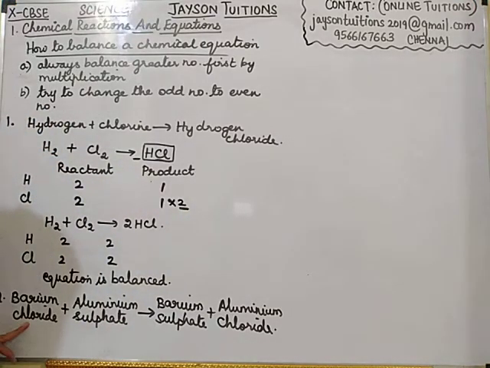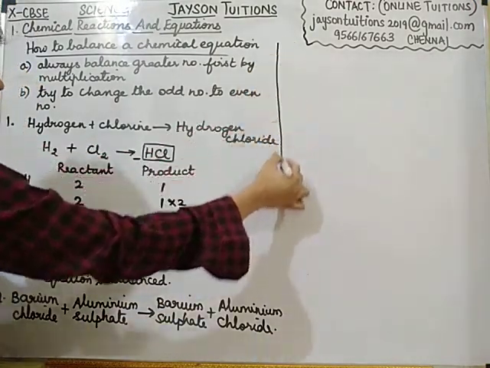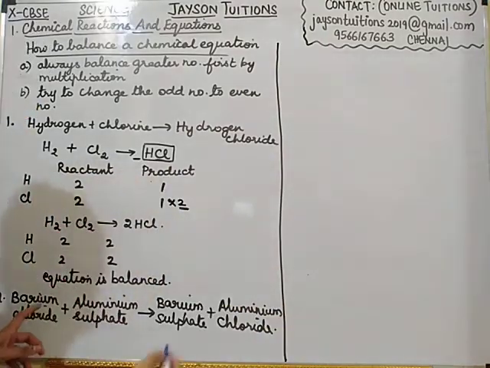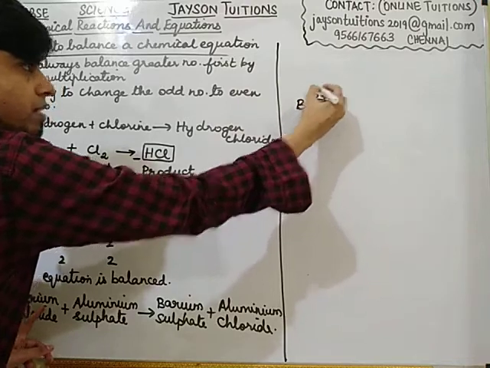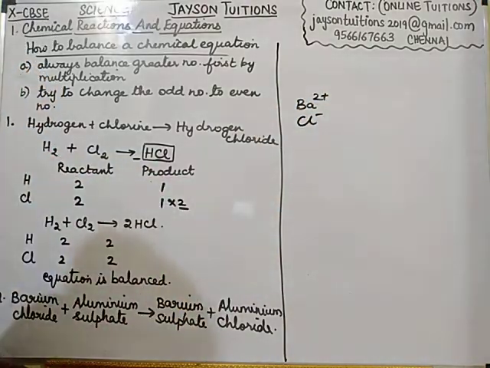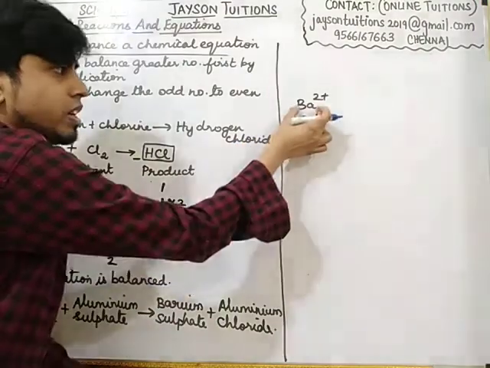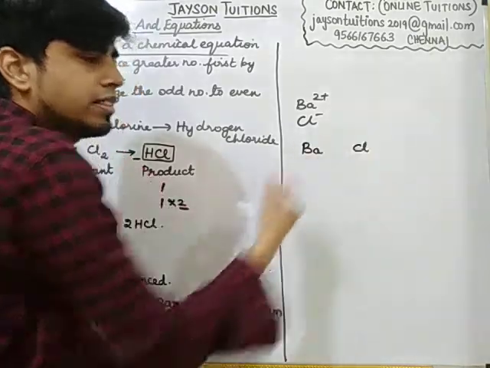First you have to find out the formula for barium chloride. I have already told you, you should be thorough with the crisscross method. Barium ion, the symbol is Ba2 plus. For chloride ion, the symbol is Cl minus. So for barium chloride, first I am writing only the symbol Ba, chloride is Cl.